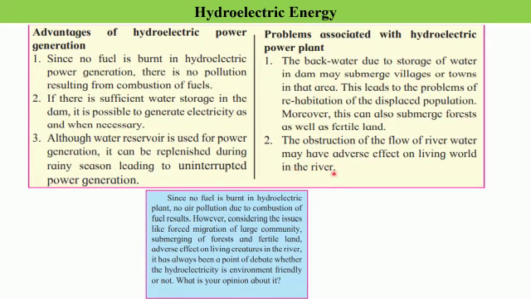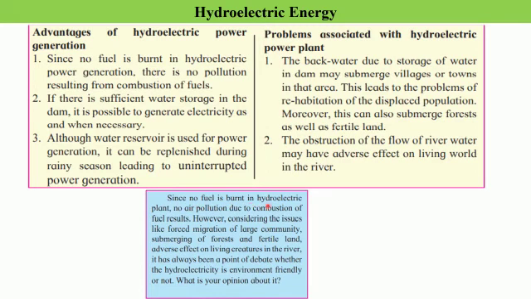On one side, hydroelectric power plants do not cause any pollution because they do not make use of any kind of fuel, so they may be considered eco-friendly. But on the other hand, there is a problem of rehabilitation of people where these power plants are constructed. So this is a problem associated with hydroelectric power plants.